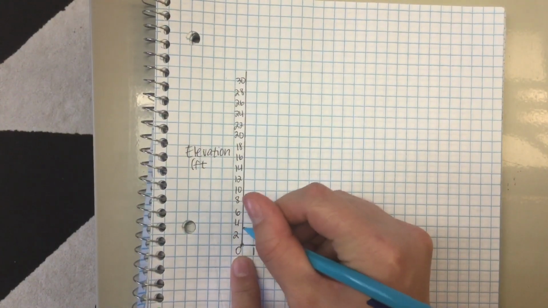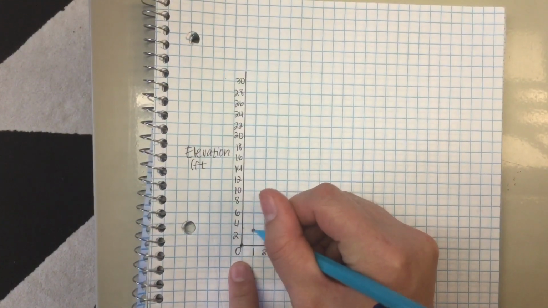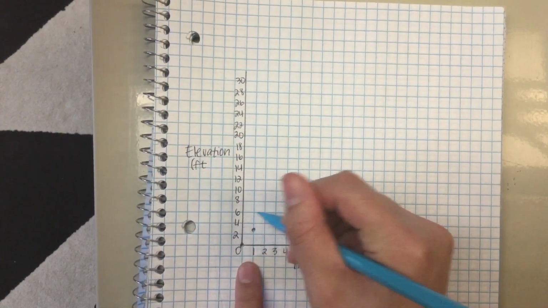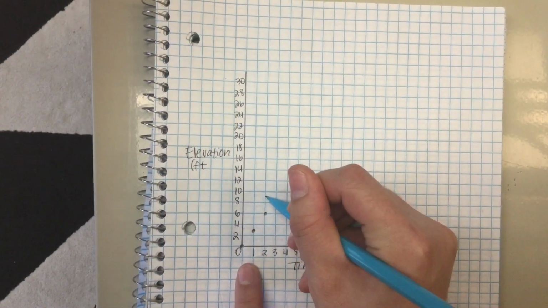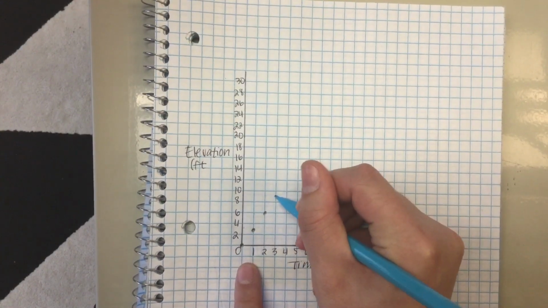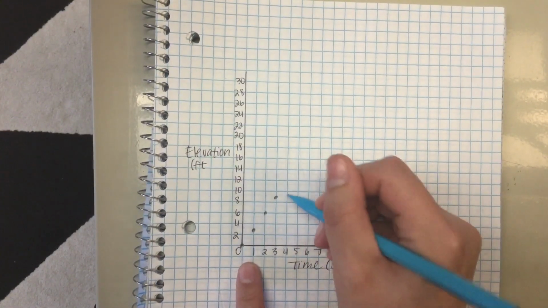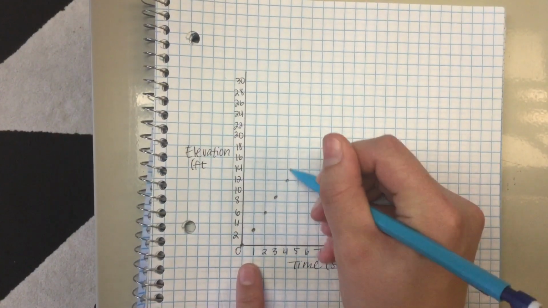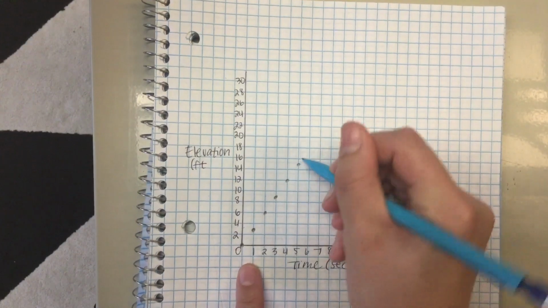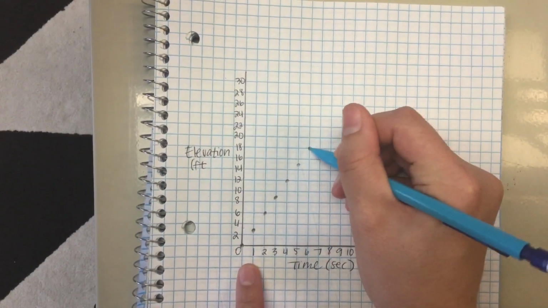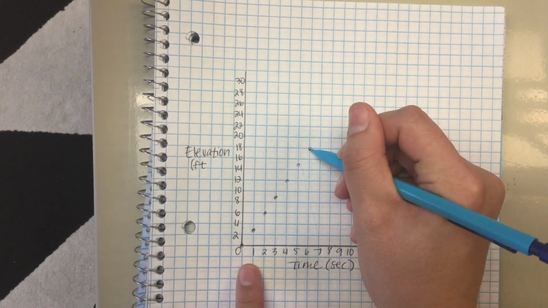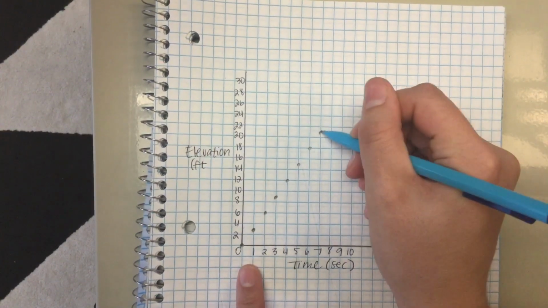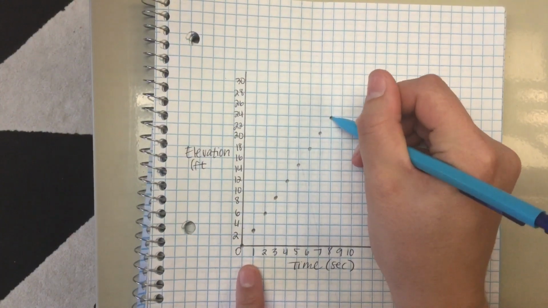So he increases 3 feet per second. Notice I counted by ones for seconds. So from here, he increased 3 more feet per second. Now it'll be up to 9. So sometimes you're in the middle of the grid lines, and that's okay. So let's keep going. 3 feet per second. It's at 15. 3 feet. 18. 21. 24.